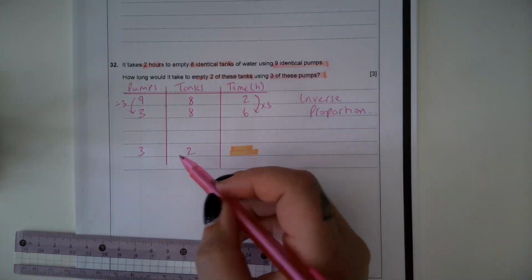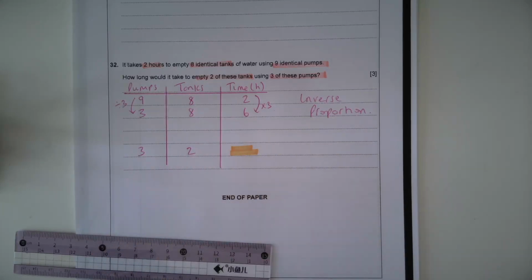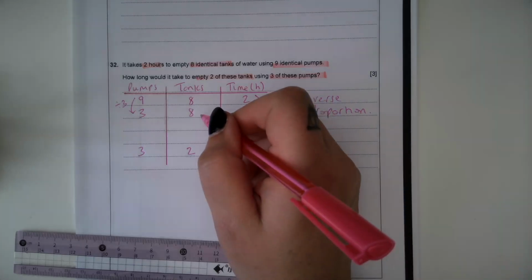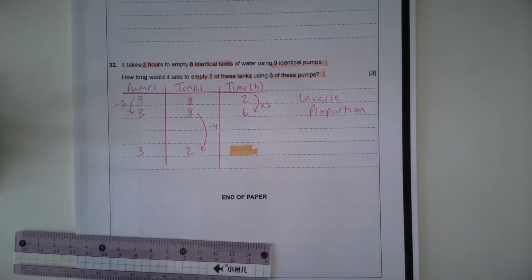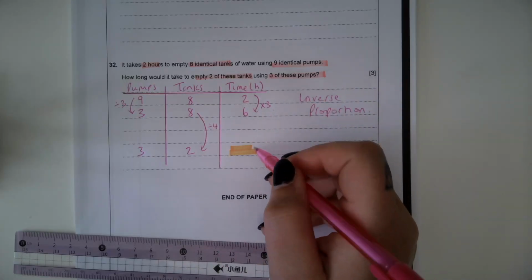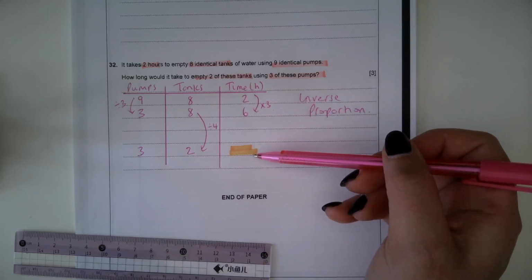But I'm interested in how long it takes those 3 pumps to empty 2 tanks. So to go from 8 to 2, I would divide by 4. So I need to divide the time by 4. So this was an inverse proportion relationship, but this is a direct proportion relationship.